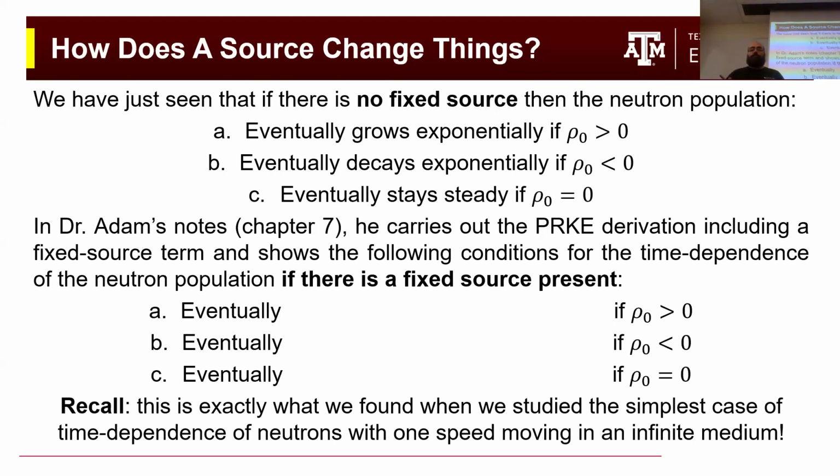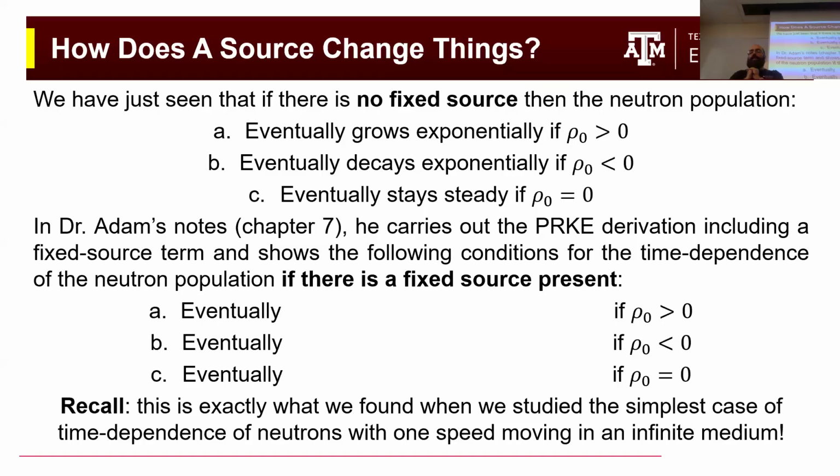So if we have a fixed source in our reactor, like a source of californium 252 or some other neutron source that's producing a constant number of neutrons per second into our reactor, and our reactor is initially critical, with reactivity 0, then instead of our population having production and loss in balance, that neutron source is going to be continuously producing some extra neutrons into our population.